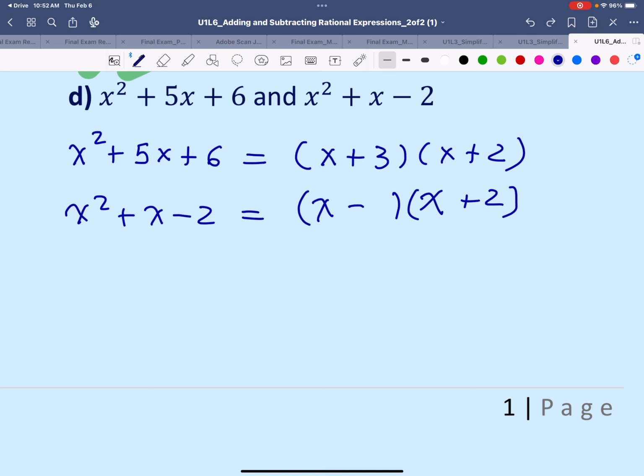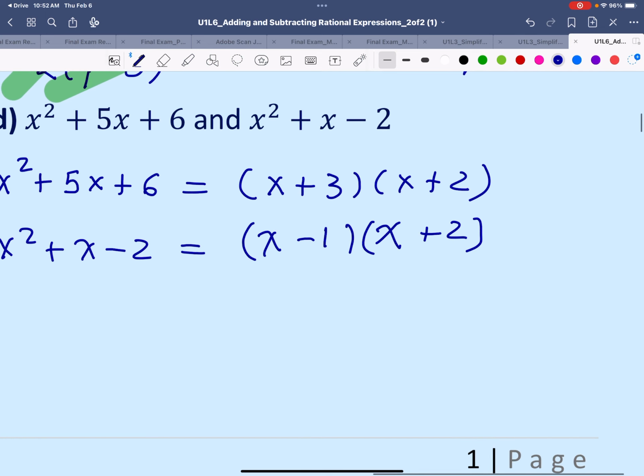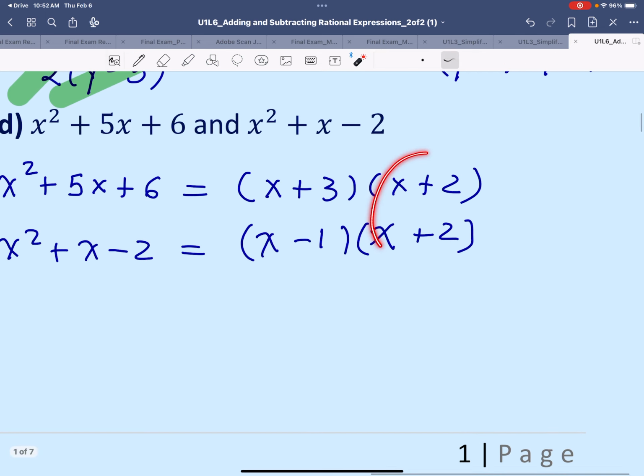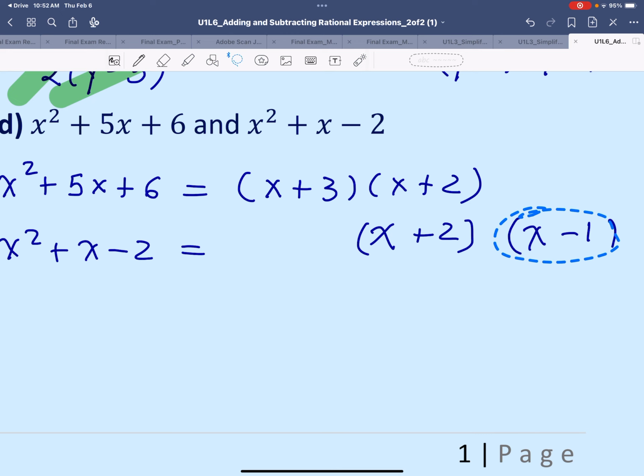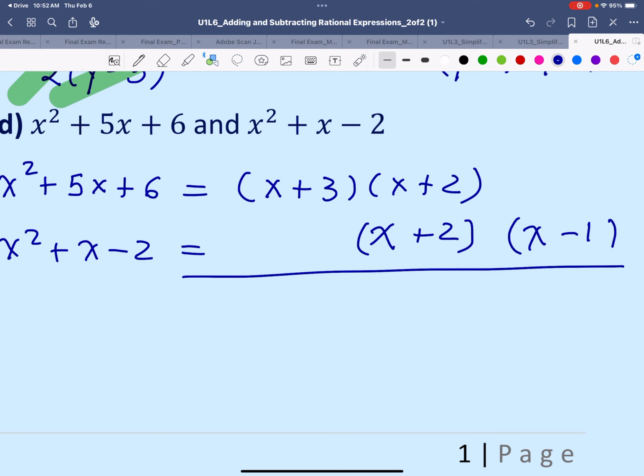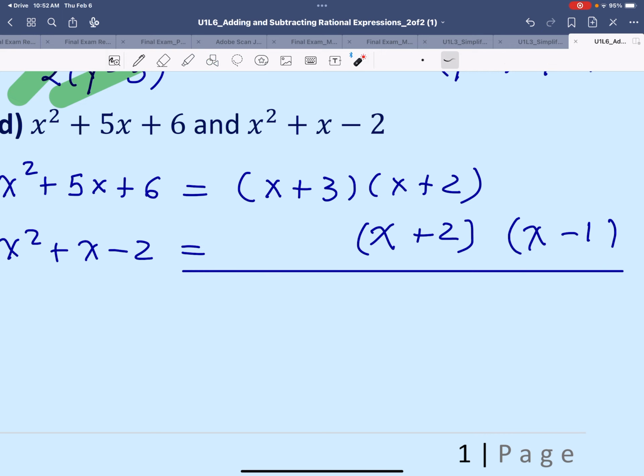So what I would do is list the common binomials right below each other, and I would reserve a spot for the binomials that don't have any common factor with the other expression. As you can see in here, we have x plus 3. We have x plus 2, which is common, so that means we only have to write it once.